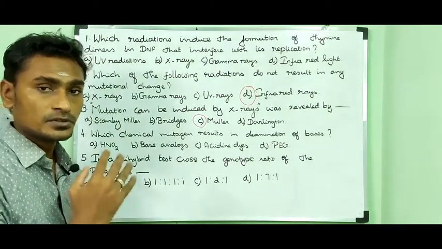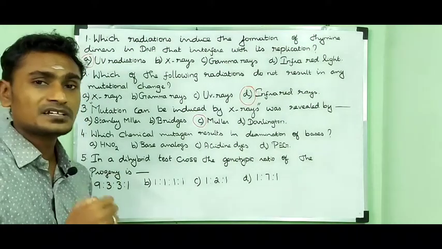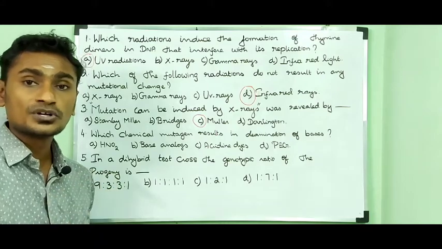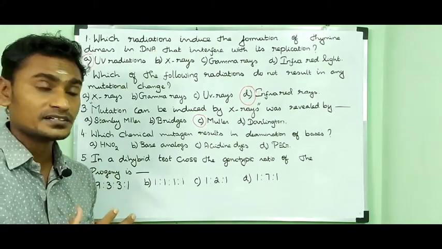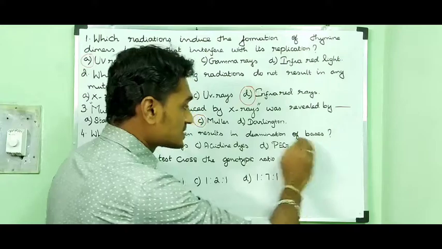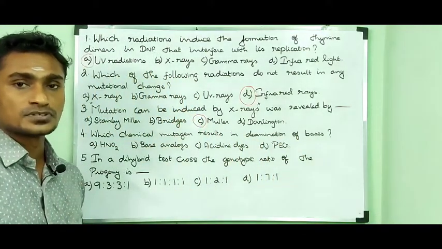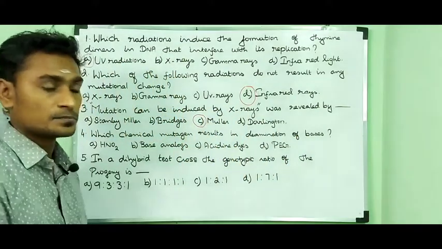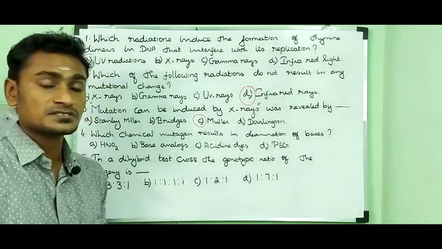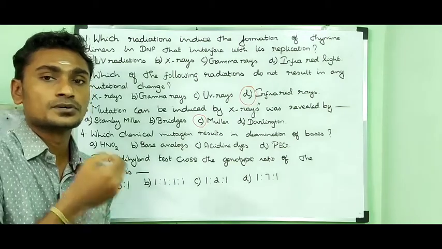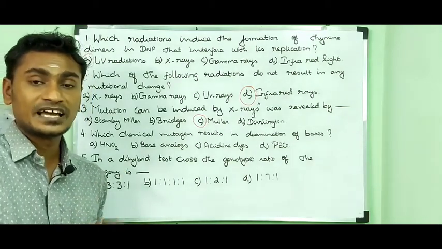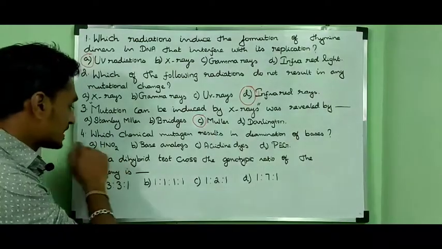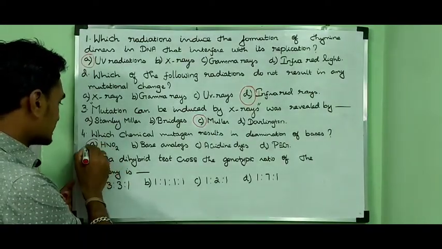Chemicals like nitrous acid, hydroxylamine and sodium azide can modify bases by the process of deamination, where the amino group is removed and converted into ammonia. So nitrous acid is the right answer.